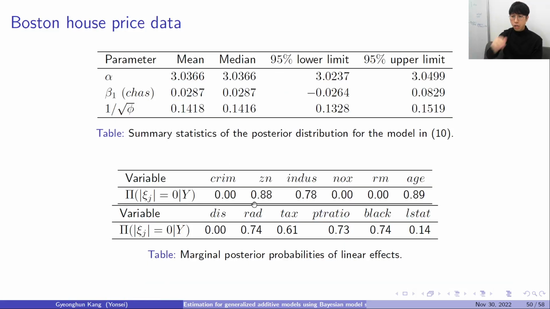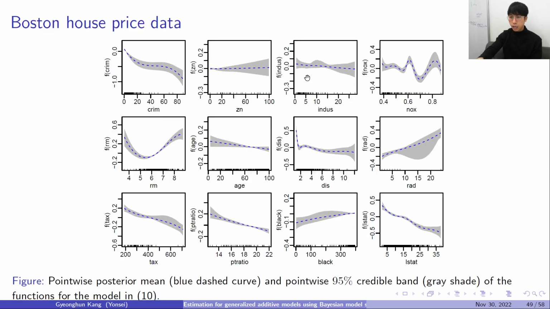We calculate the marginal probability of the function being linear, where no knot is selected, and that probability is 78% for Indus, and 88% for GN, right?